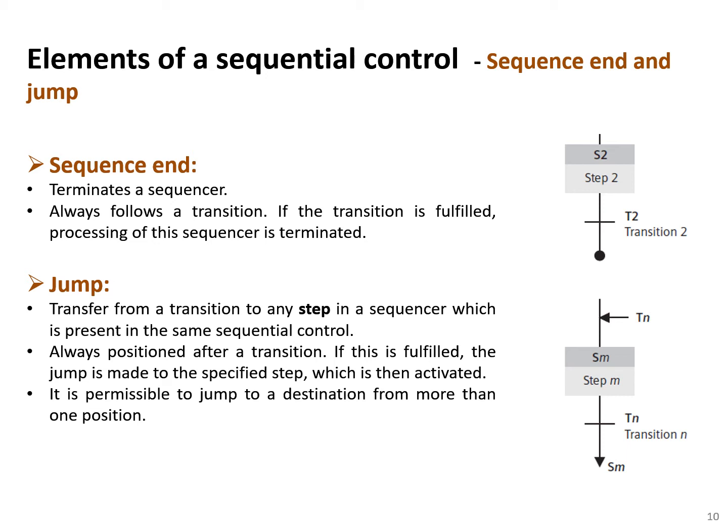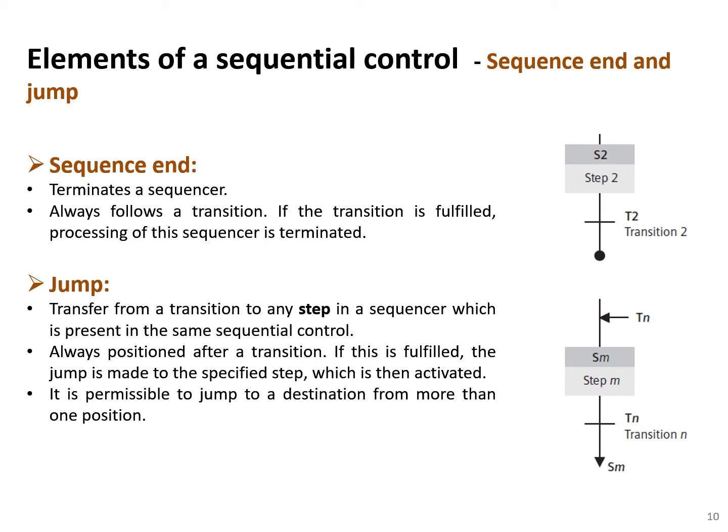It is always positioned after the transition. So we need the transition. After the transition, we have the jump. If this is fulfilled, the jump is made to the specified step. So we are jumping to steps, not transitions, which is then activated. It is permissible to jump to a destination from more than one position.